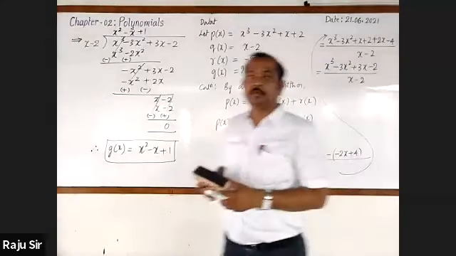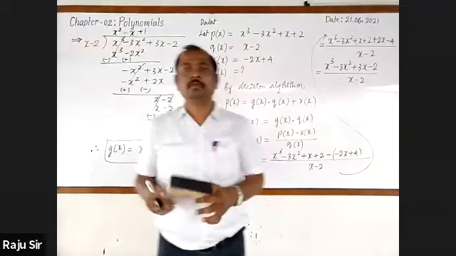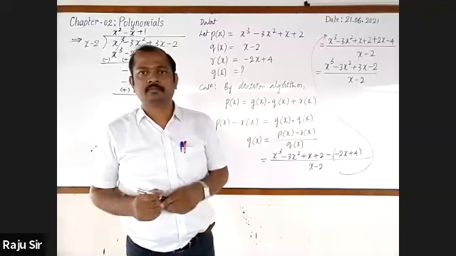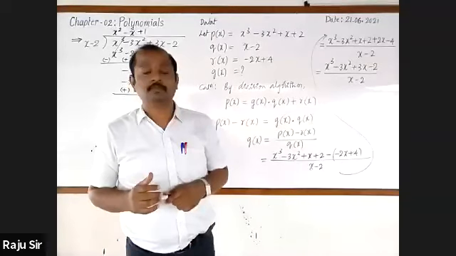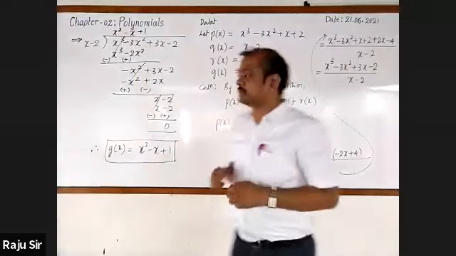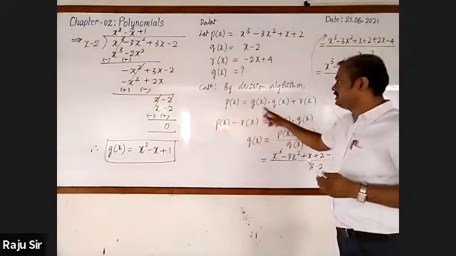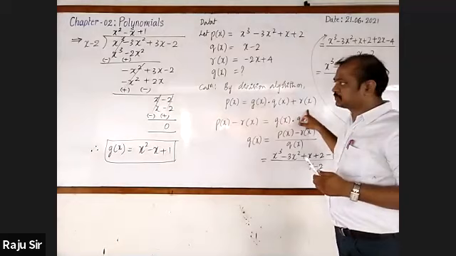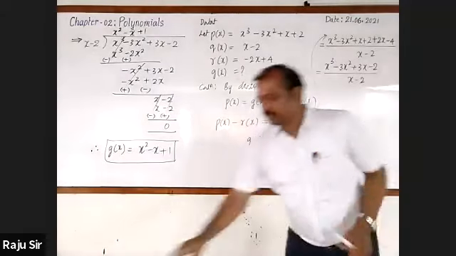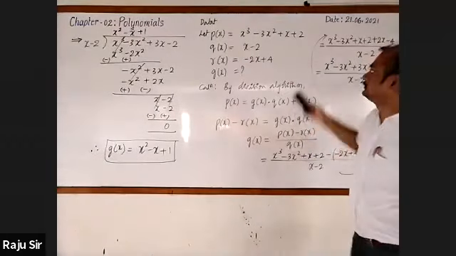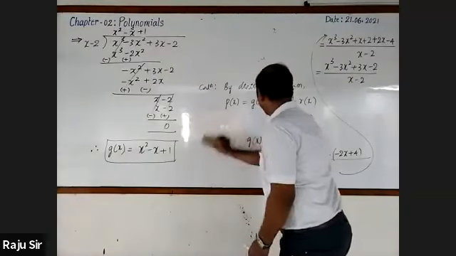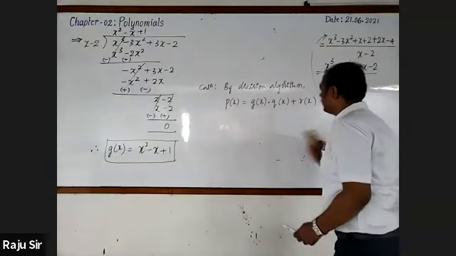Instead of g of x, they can ask r of x also, or q of x. Means you are asking that if they ask r of x, that question is very simple. Then you have to solve for r of x.